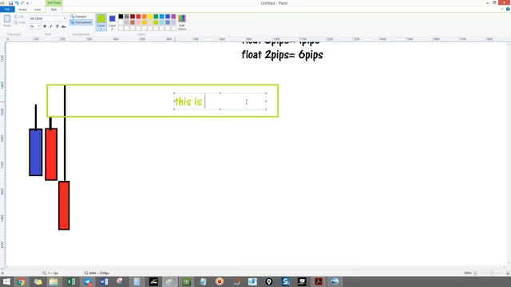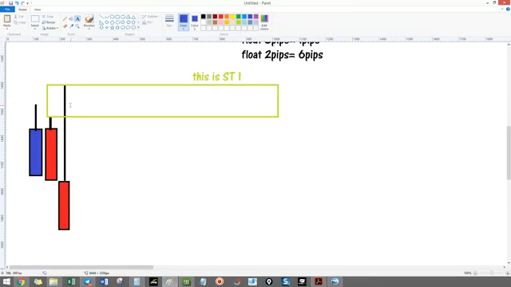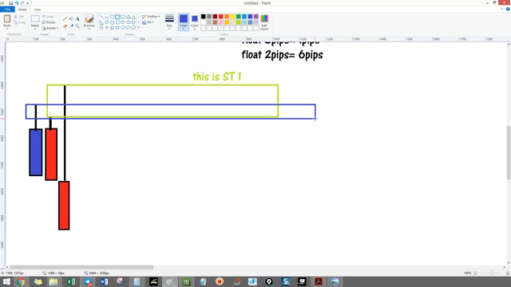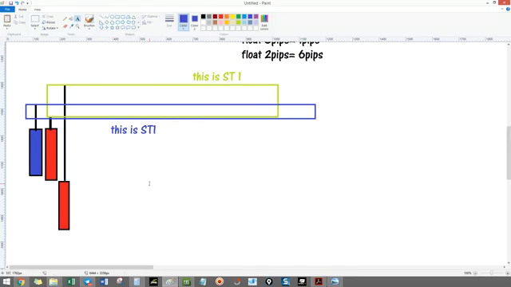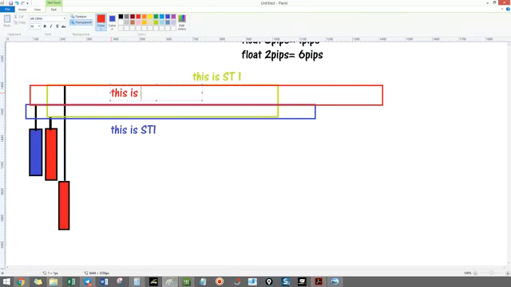This is ST1. This is ST1. This is not ST1.